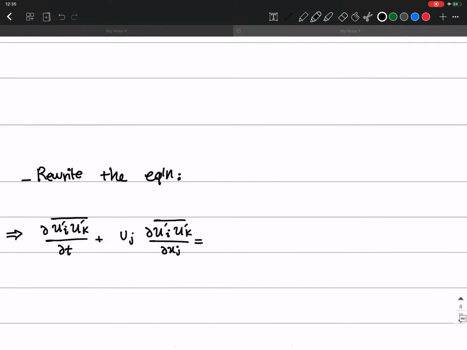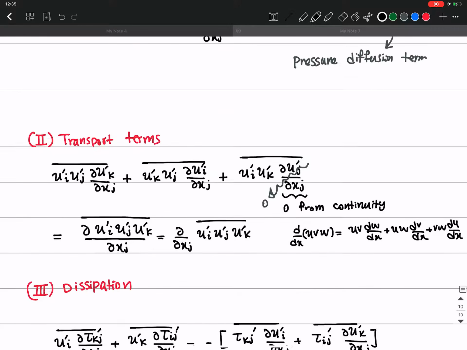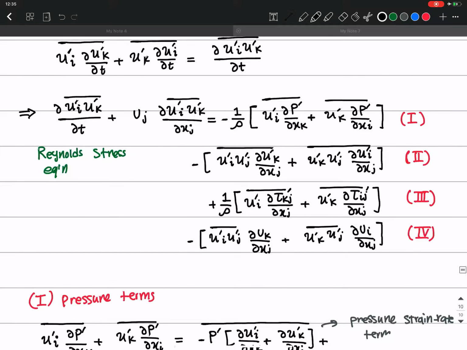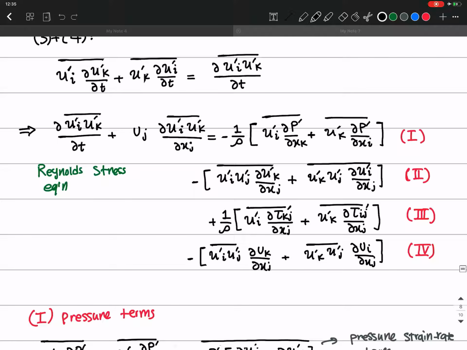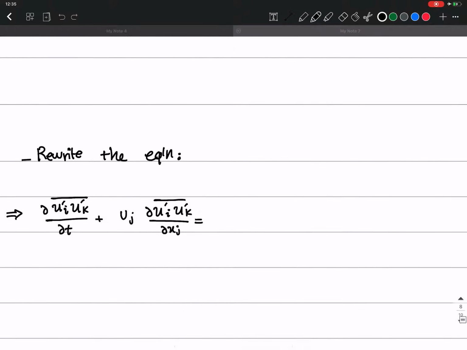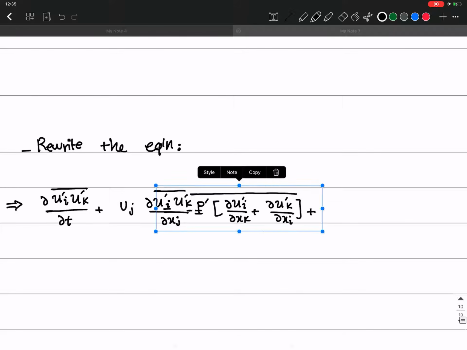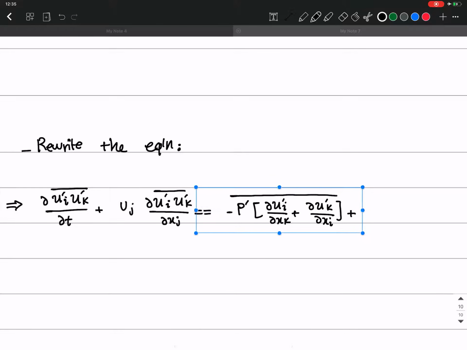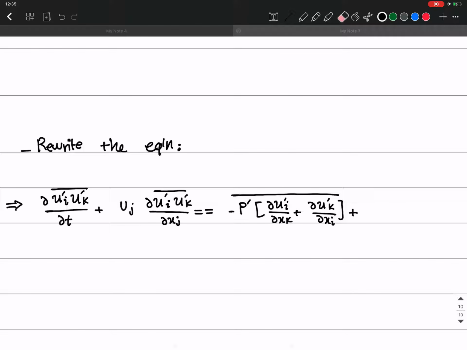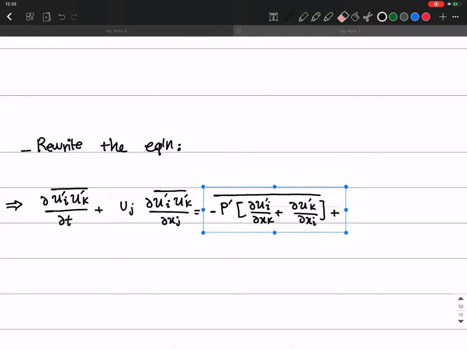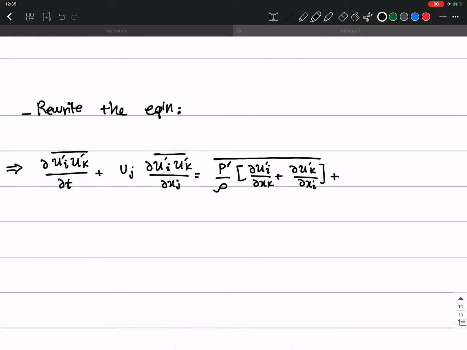It should be minus that here, and over rho, so we also have to divide it by rho. So it's going to be p prime over rho of this, and then we have the other terms.